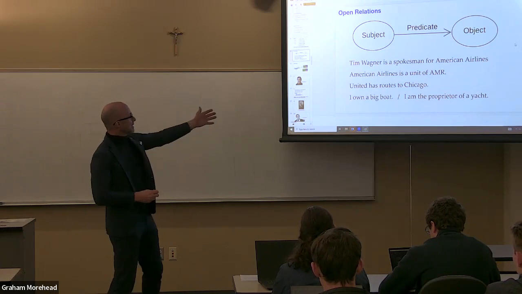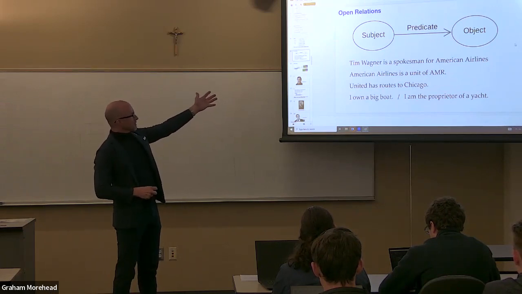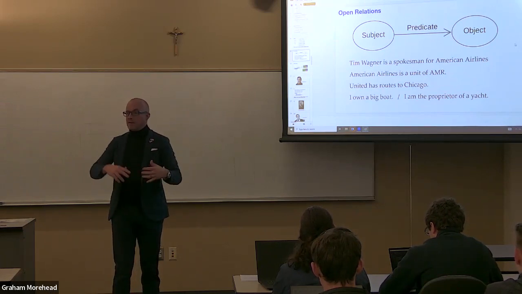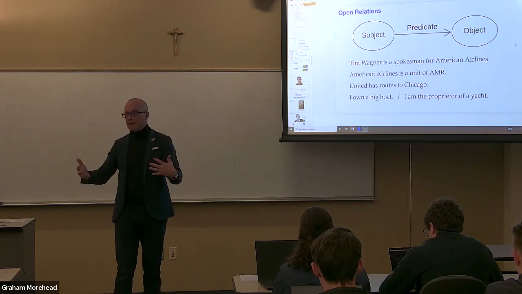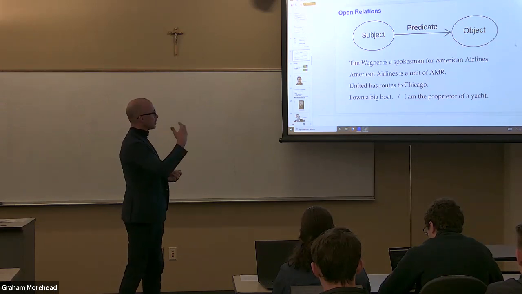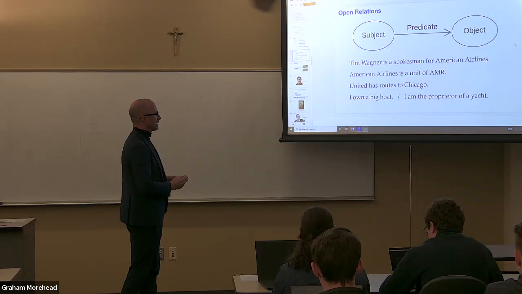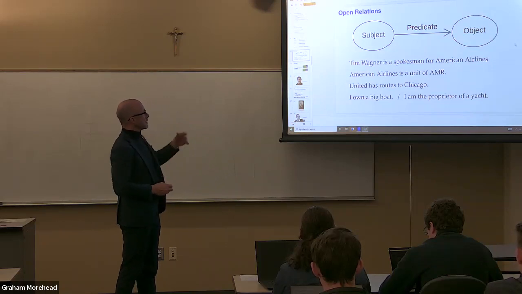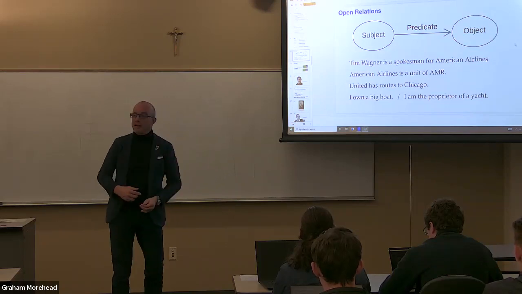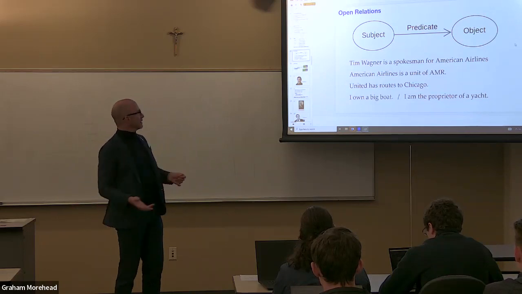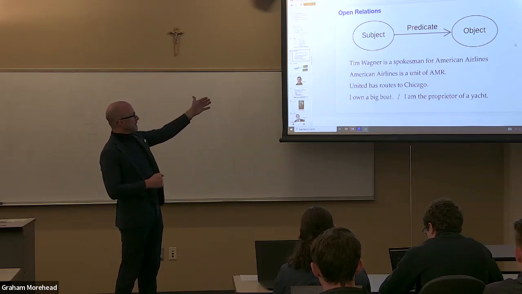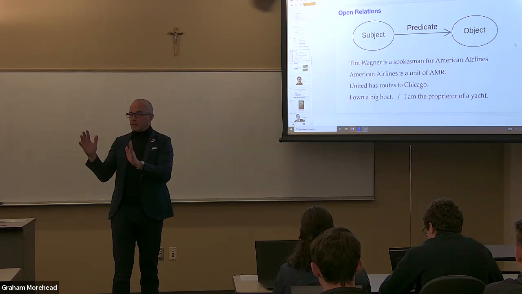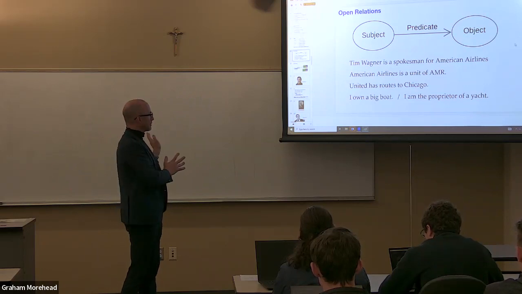You can see here, okay, a person can be a spokesman for a company. That's something that a person can do. That is a role that that kind of actor can play. A company can be a unit of another company. A company can have routes. That is something a company can have.